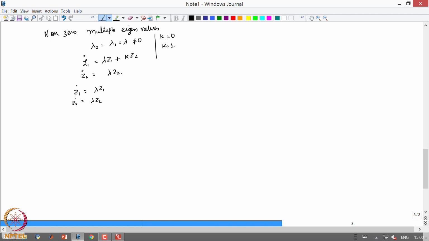If I compare with the first case, z1 dot is lambda 1 z1, z2 dot is lambda 2 z2, the relation between z2 and z1 was given by z2 equals c times z1 to the power lambda 2 by lambda 1, where c was z2 naught by z1 naught to the power lambda 2 by lambda 1.